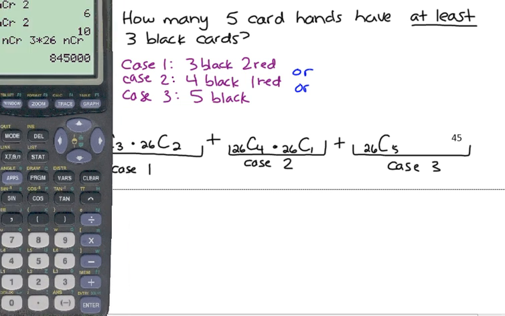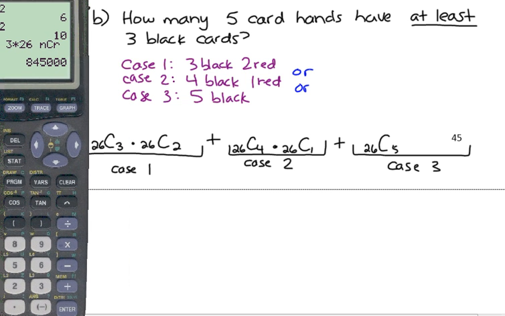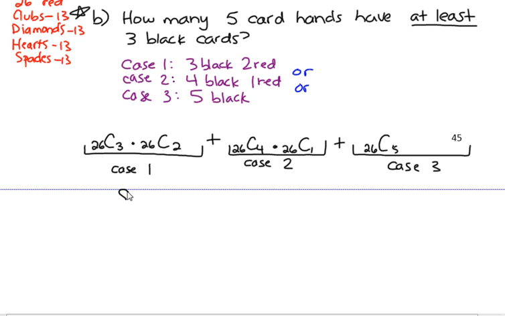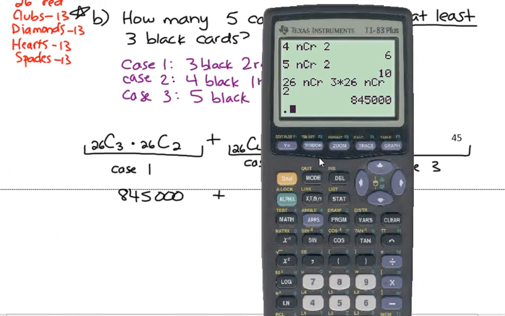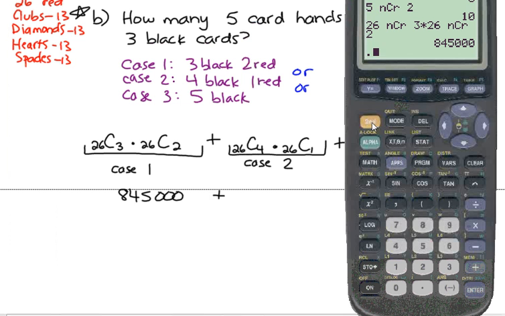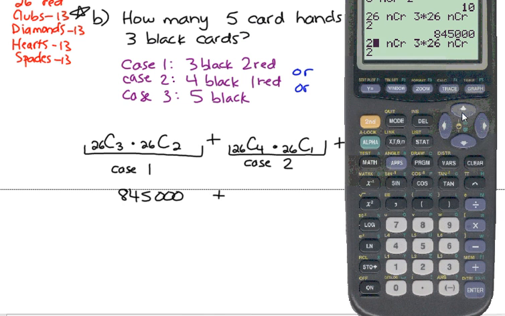The first one, we actually just did this one, right? 26 choose 3, 26 choose 2 in the previous question, and that was 845,000. Now, on your calculator, if you want to save time, go second, enter. I can go back now and change this to 26 choose 4 times 26 choose 1.